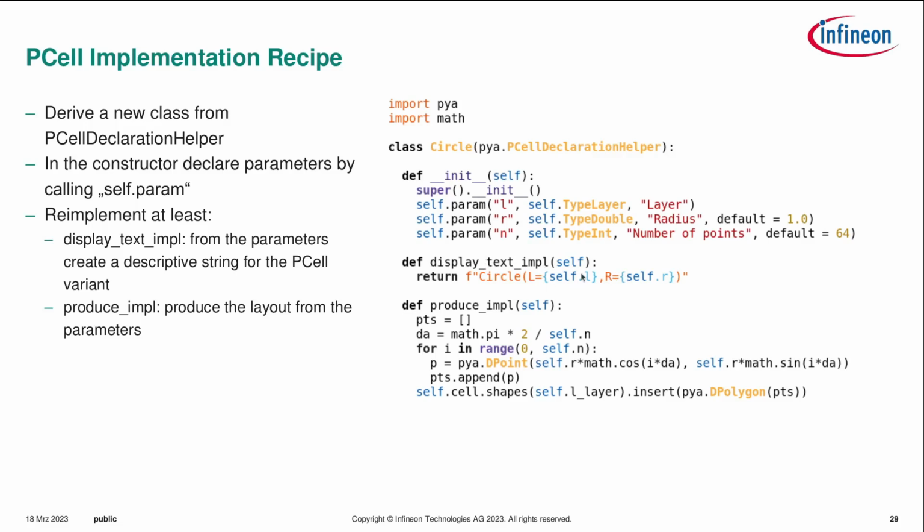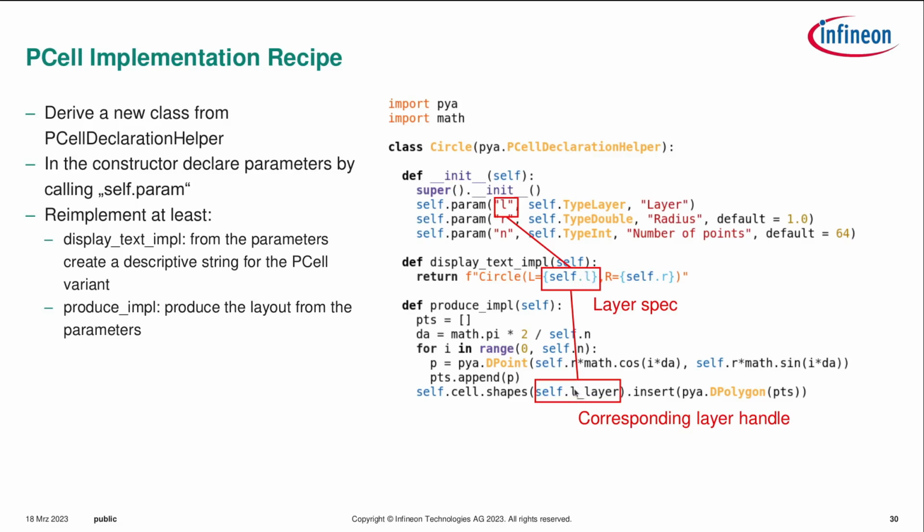Here we have a function that explains the P-cell, and here is the simple production function that uses sine and cosine to generate the circle as a sequence of points, and then turns it into a polygon and inserts it into the current cell under the given layer. So you see one thing that is quite convenient. If you declare a parameter called L, it will become available as a class attribute called L as well.